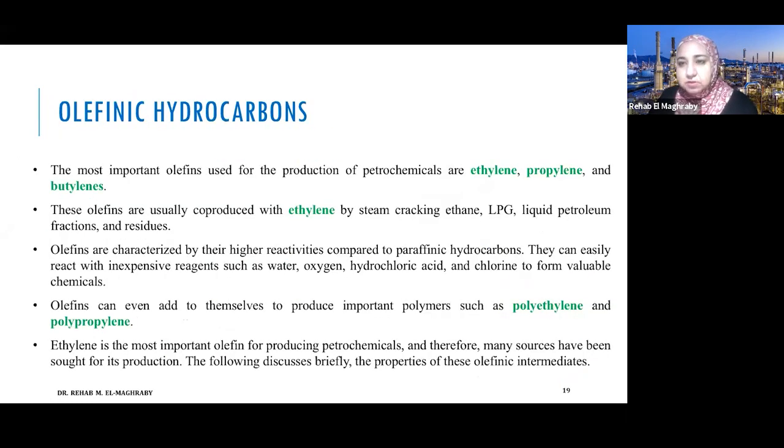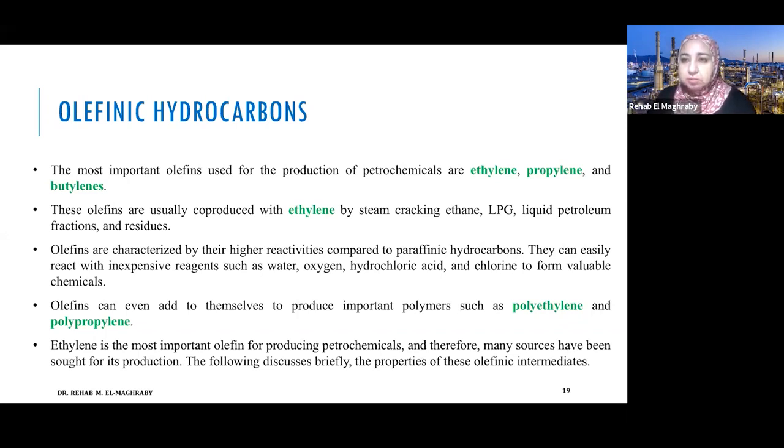Now to the olefins. For natural gas, the main components are paraffins. Methane is paraffin, ethane is paraffin, propane is paraffin, butane is paraffin. All are paraffins, but they can be converted to olefins. For example, ethane can be converted to ethylene, propane to propylene, and butane to butylene.